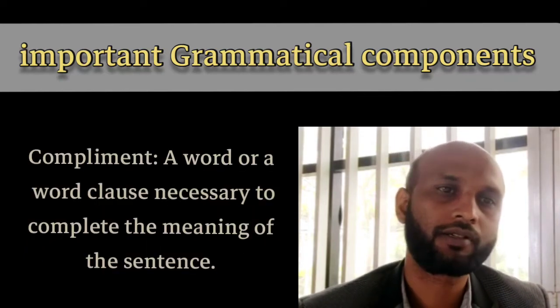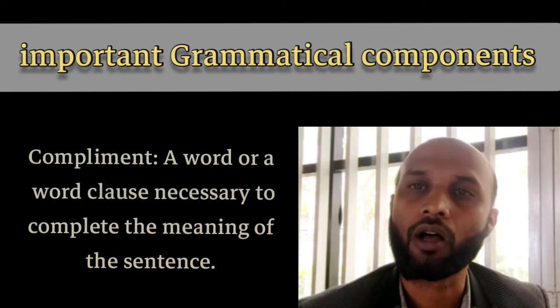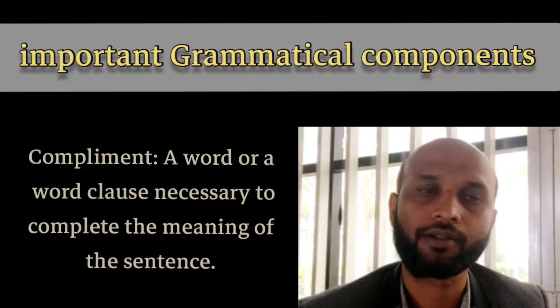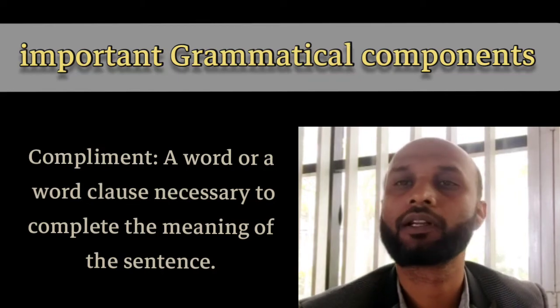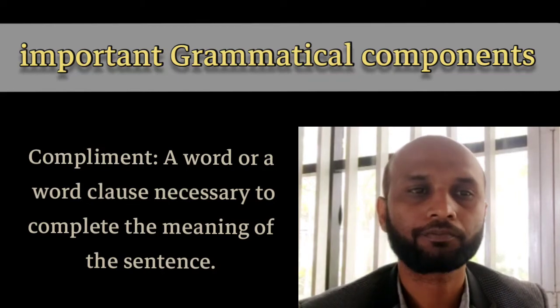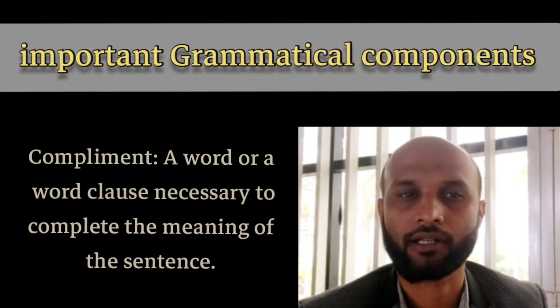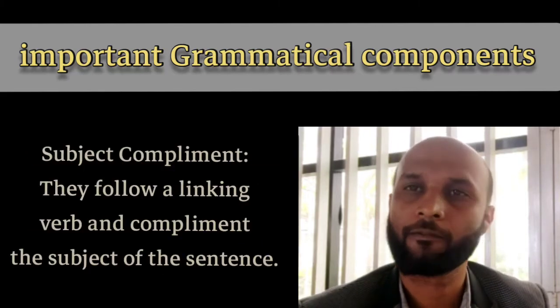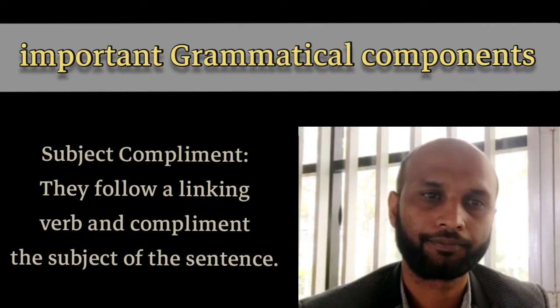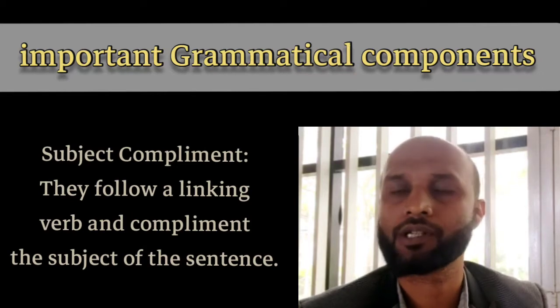Complement, this is a word, phrase, or clause that is necessary to complete the meaning of a sentence. It is normally divided into subject complements and object complements. Subject complements, they follow a linking verb and complement the subject of the sentence.